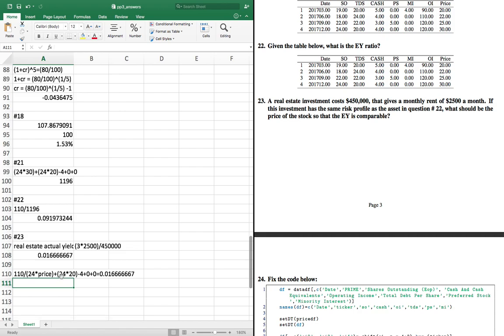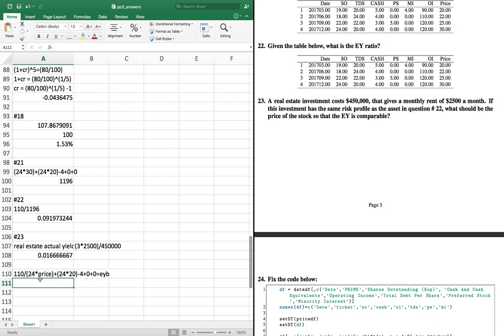Now, to make my math a little easier, I'll put in EYB for earnings yield benchmark. It just makes it a little bit easier. Now I can get to work on the math. First thing, I'm going to take the denominator and swing that to the other side of the equation and bring the EYB over.